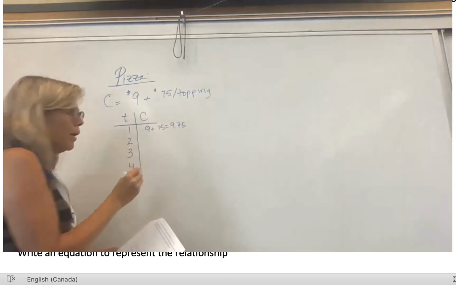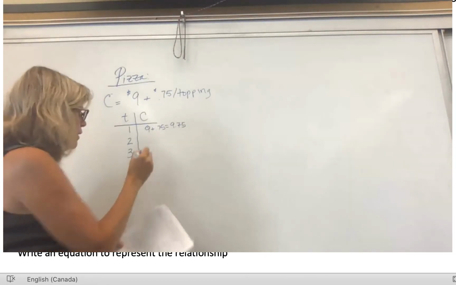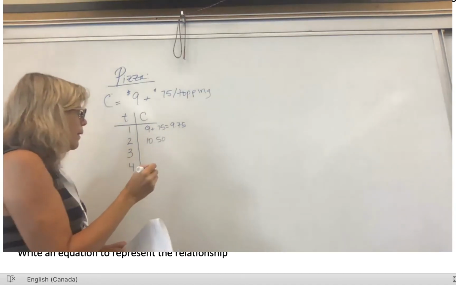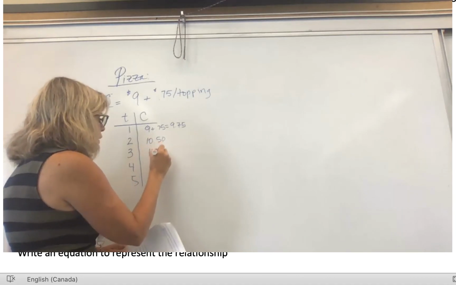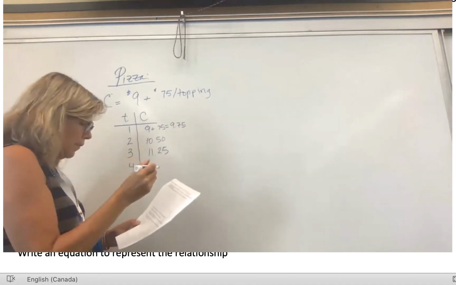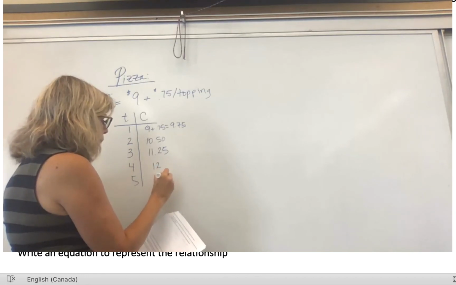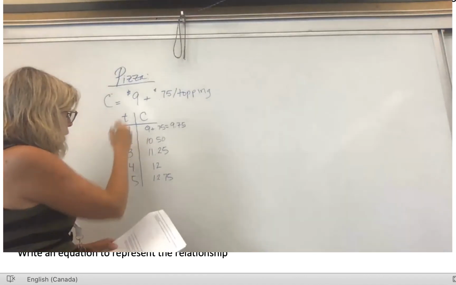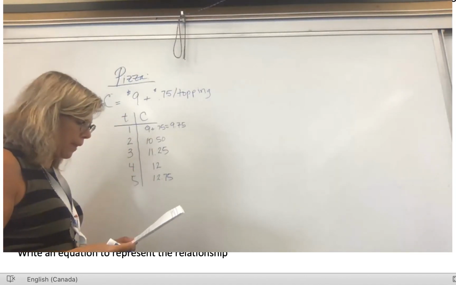And the second one, using the same logic, is $10.50. And the third one is $11.25. And the fourth one is $12, and then $12.75. Okay, so there's your table of the toppings and the cost of the pizza with each incremental topping.